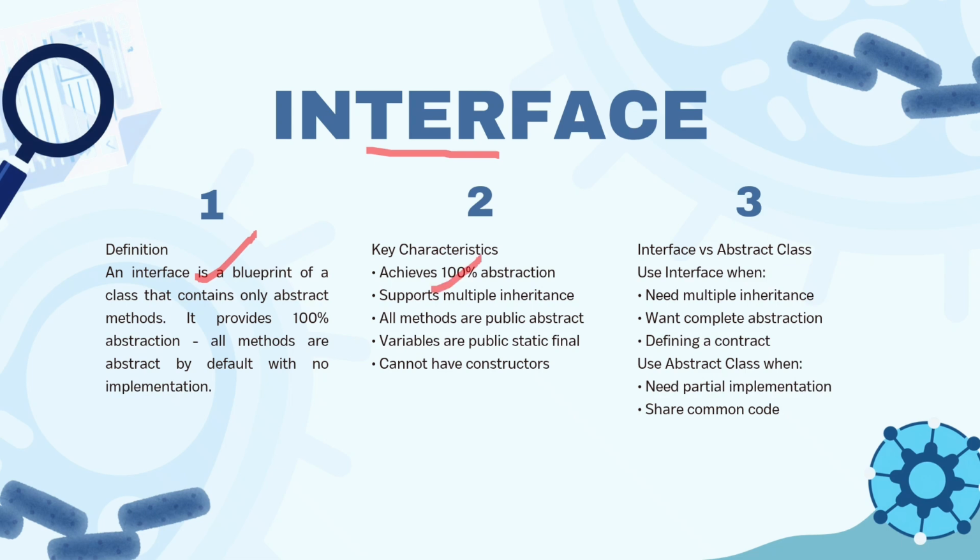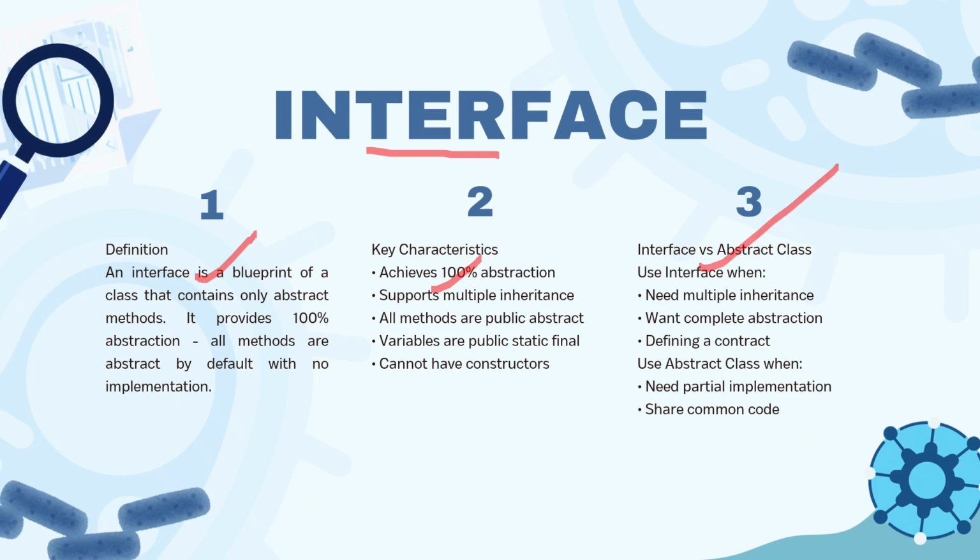Coming to characteristics, one important point about interfaces is that they help us achieve 100% abstraction, because in interfaces we mainly declare methods only, without any implementation. Another important advantage of interfaces is that they support multiple inheritance in Java. That means one class can implement multiple interfaces at the same time.